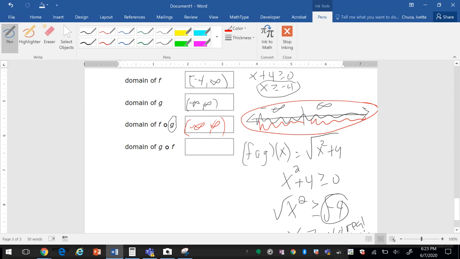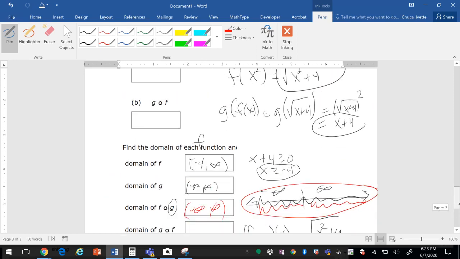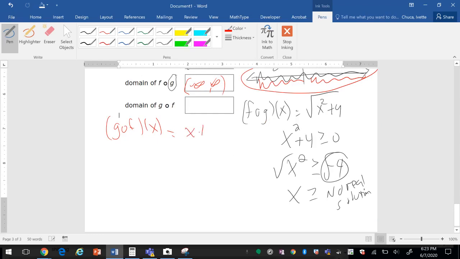So the last one here, g composed of f. The answer that we got was x plus 4. Okay. So first, you want to look at the domain of the second function, in this case f.